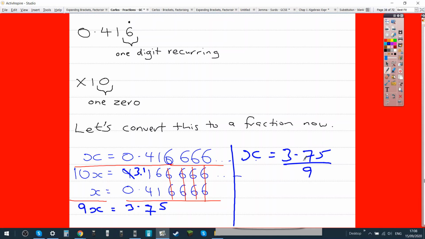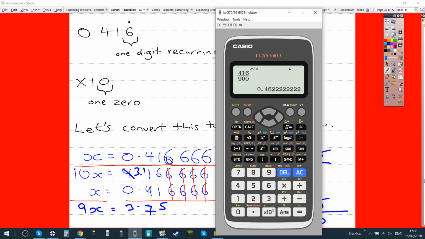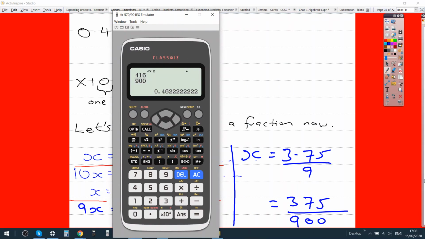It's not good to mix fractions and decimals, so we would just times the top and bottom by 100 to make the top not a decimal, and the bottom would become 900. Okay. And that part you could put into your calculator, I'm sure. 3.75 over 9, and simplify it down to 5 over 12.